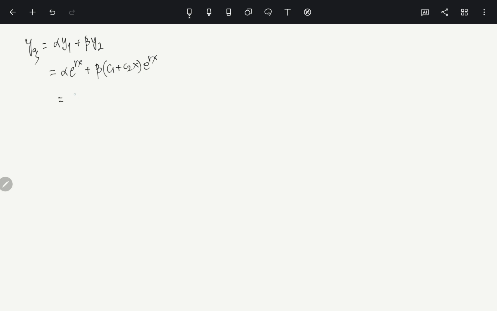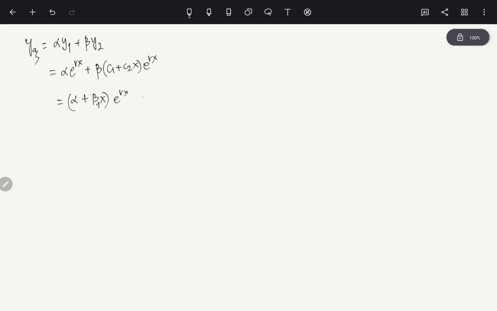Essentially this will look like (alpha plus beta c1) plus beta c2 times x, so let's just call these alpha and beta 1, times e power r x.